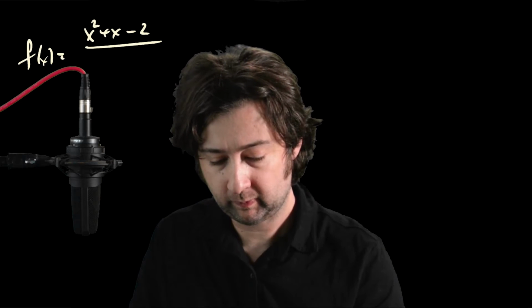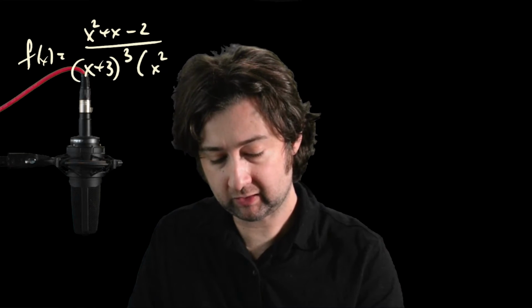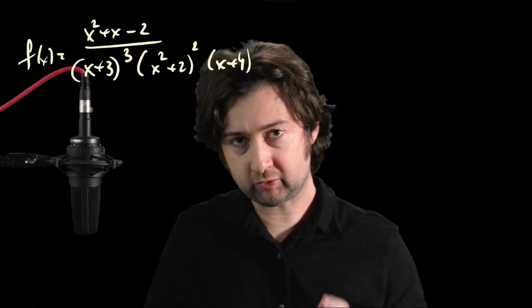So let's suppose that you had something like f of x is equal to x squared plus x minus 2 over x plus 3 to the third times x squared plus 2 to the second times x plus 4. If I was trying to write down the partial fraction decomposition, it would look like this.